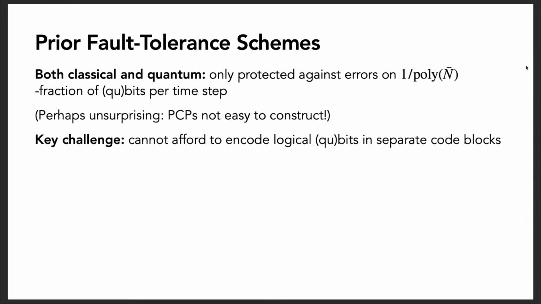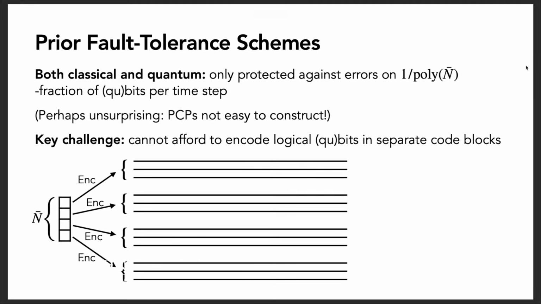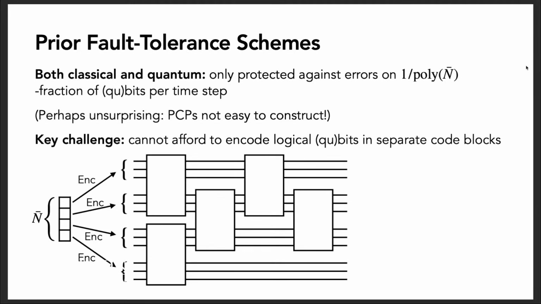The key reason that simpler fault tolerant schemes don't give what we want is that some of the earliest fault tolerant schemes just encode each logical bit or each logical qubit in a separate code block, and then run some gadgets on different code blocks.